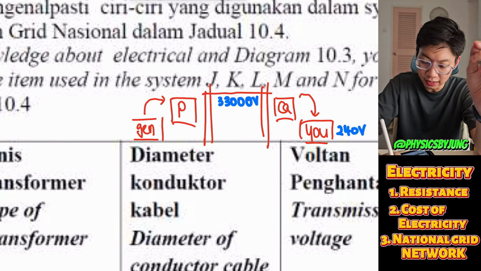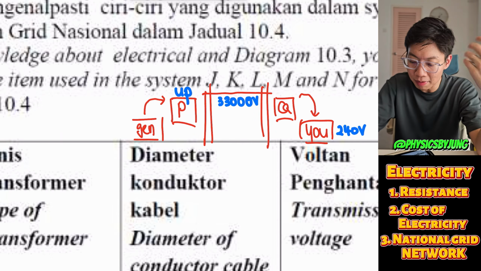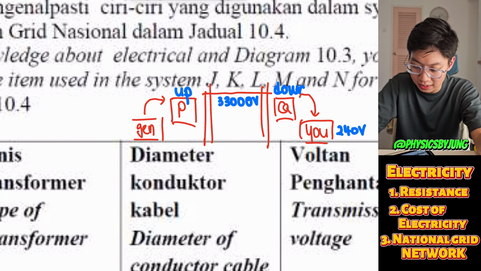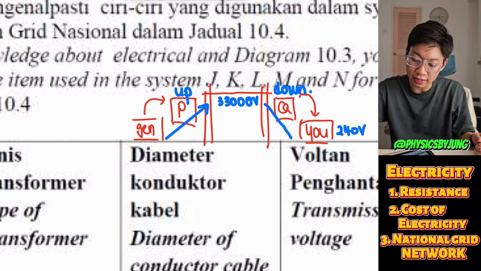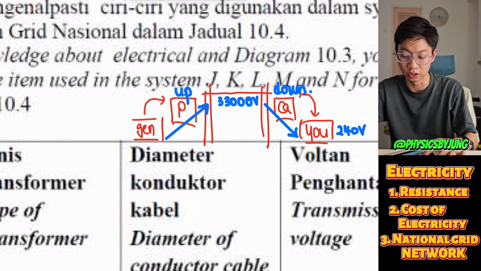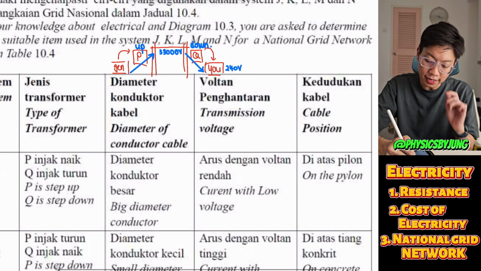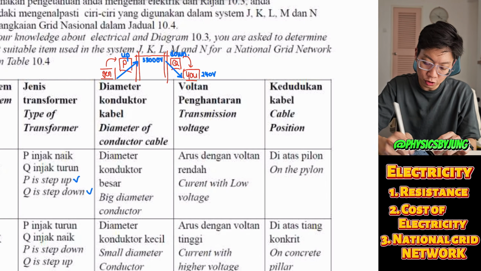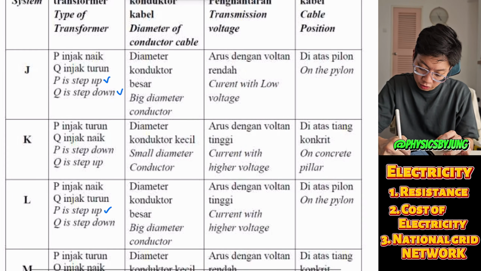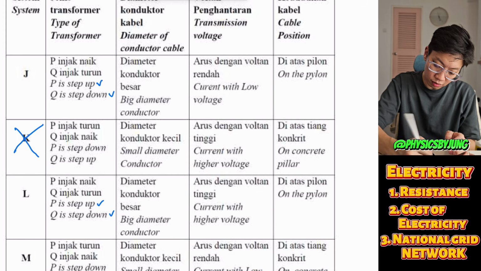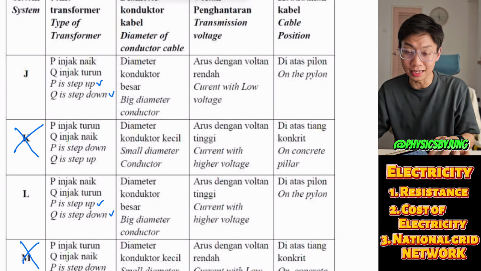So obviously, this is going to be a step up transformer, and this is going to be a step down transformer, because you have to increase the voltage, and later you have to decrease the voltage back. So therefore P has to be up, Q has to be down. So K and M have already been eliminated.